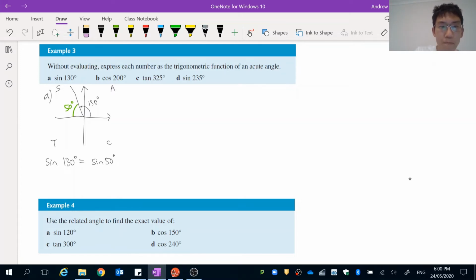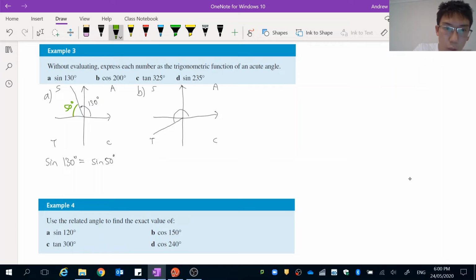Now B, cos 200, let's just repeat this, and I'll keep reiterating the same process so eventually it'll sink in a bit quicker. So cos 200, let's locate 200. That's here, 20 degrees into the third quadrant.